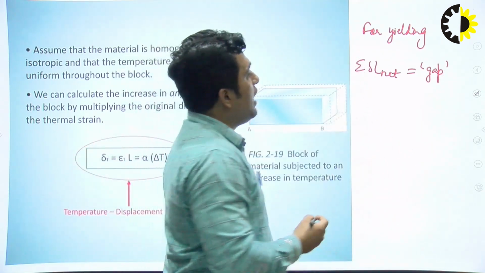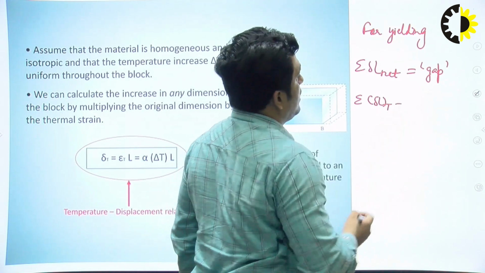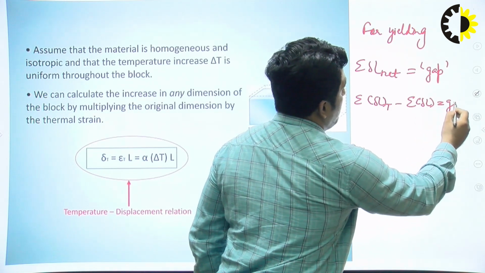And this delta L net is summation delta L thermal minus summation delta L mechanical equal to gap.